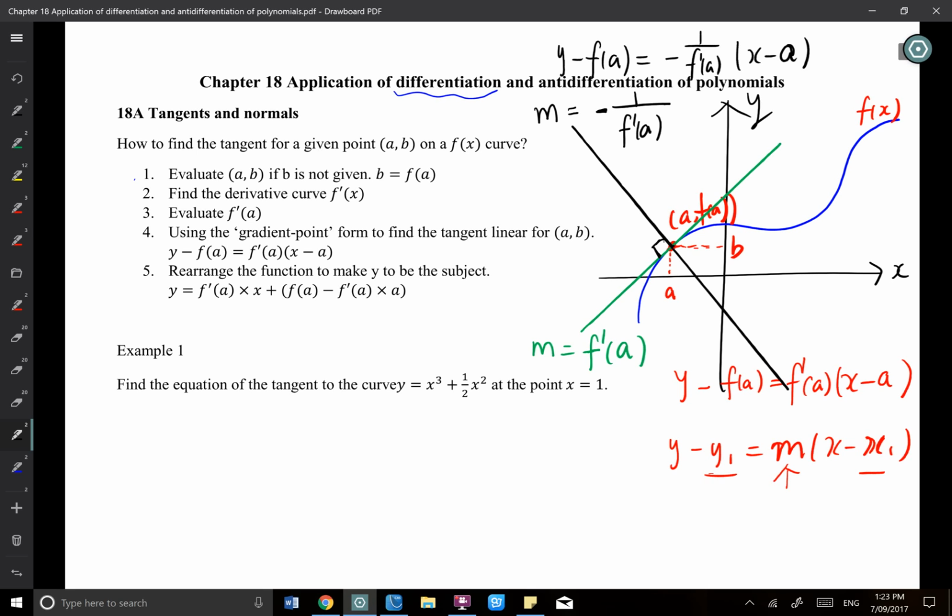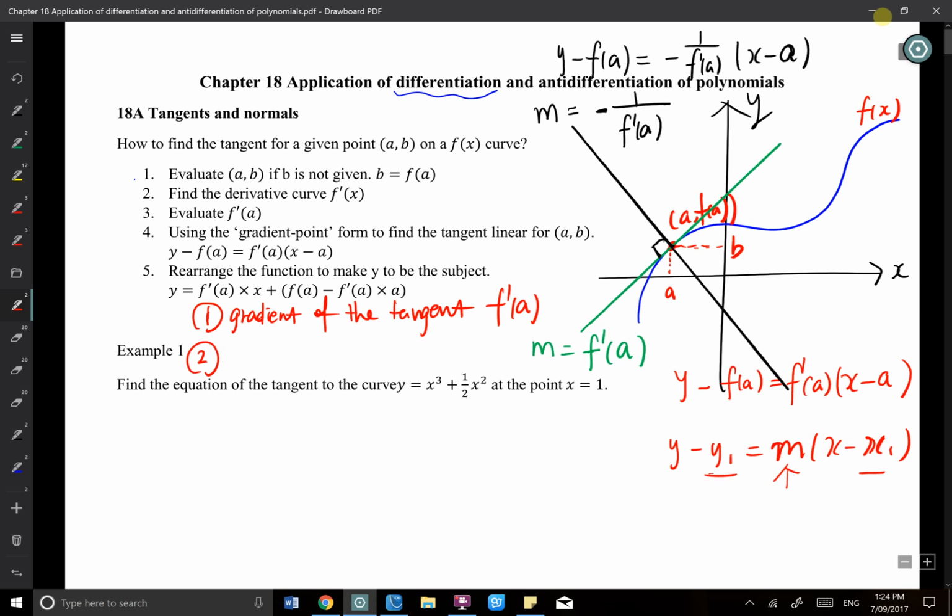So overall, for finding the tangent or the normal, I need two things. First, the gradient of the tangent, which is f dash a.